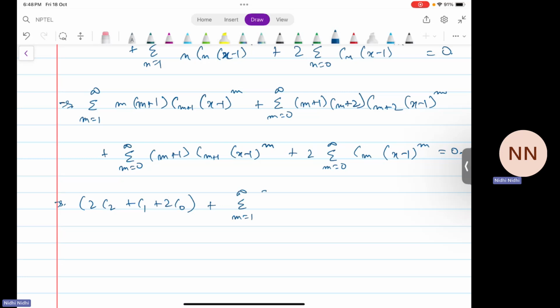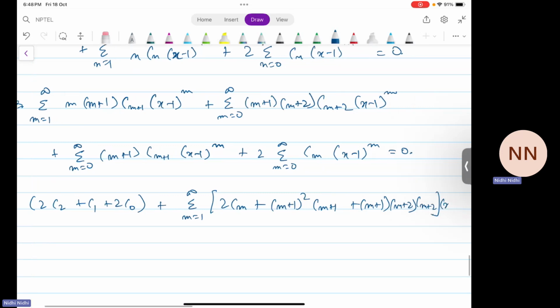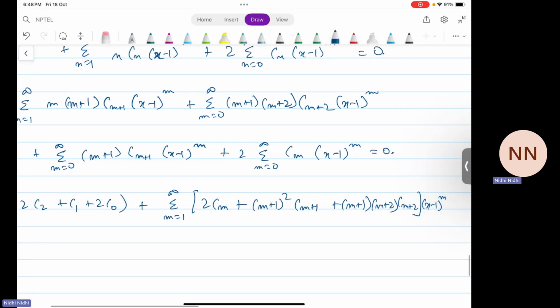Then we club the rest of the terms together, 2cm plus (m plus 1) square times cm plus 1 plus (m plus 1)(m plus 2) times cm plus 2, whole multiplied by (x minus 1) to the power m. This is equal to 0.